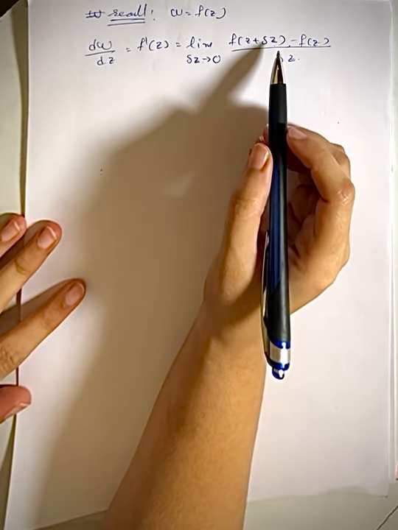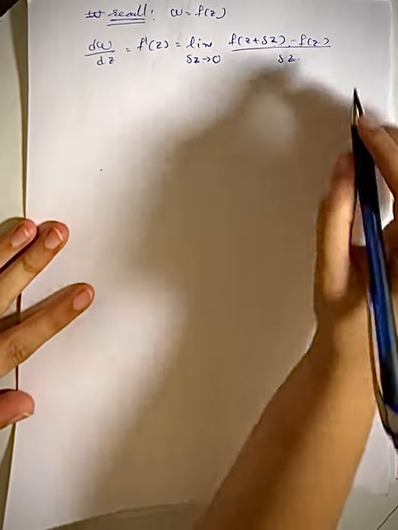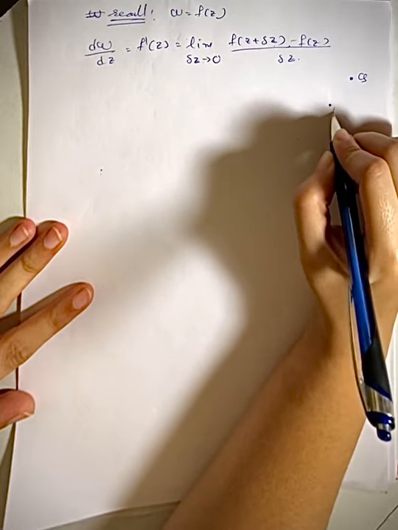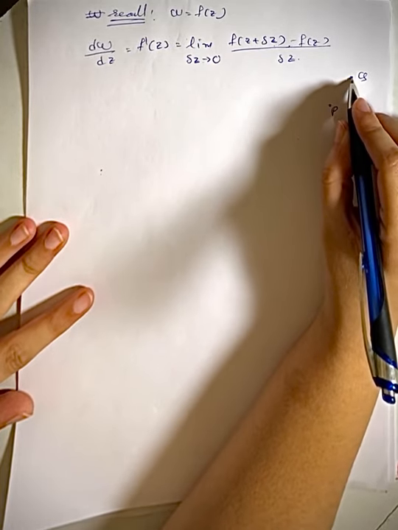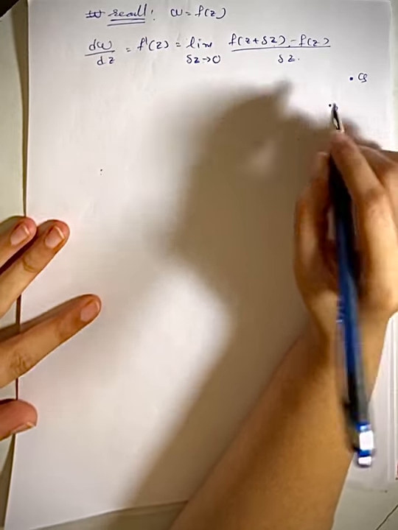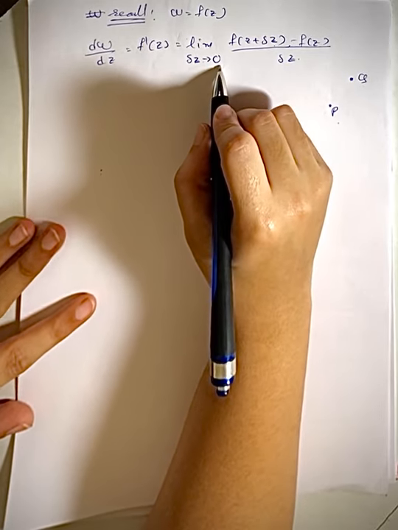We saw that we can have a path, like we had here with point q and point p, and we wanted to move from q to p in order to make this delta z 0.